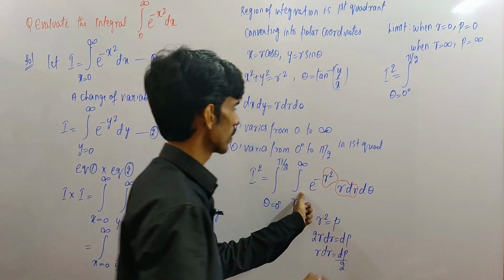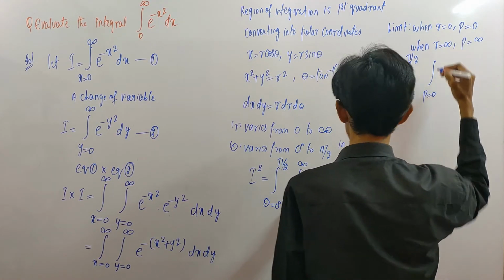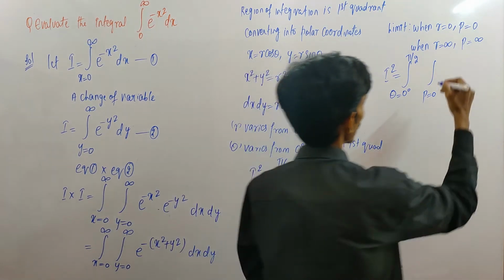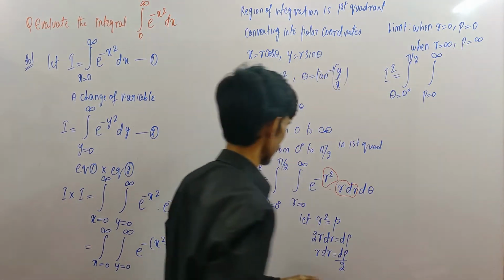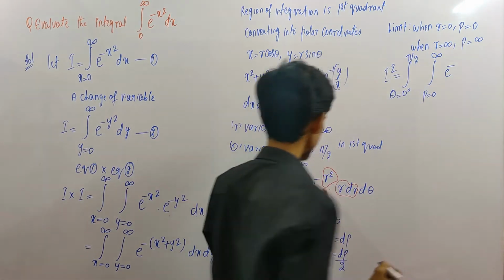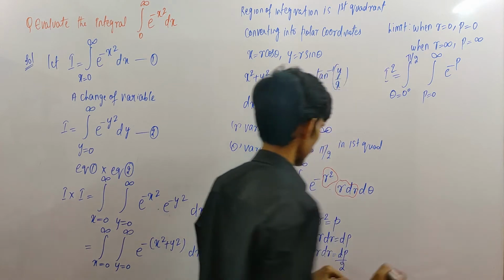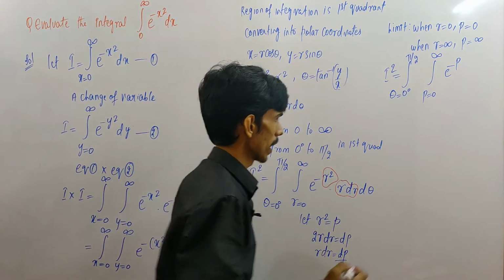Now this integral will change to p equal to 0 to infinity e power of minus p, since r square is p, and r dr value is dp by 2, d theta.